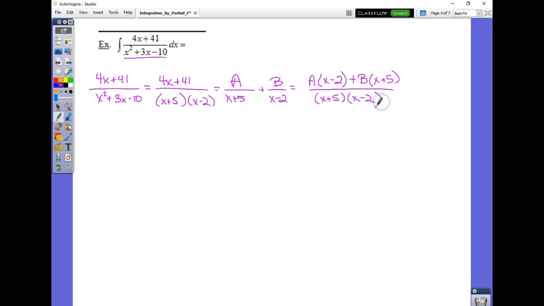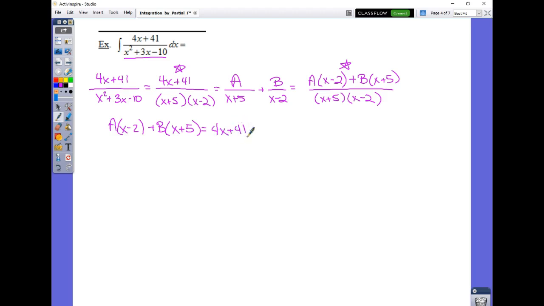If you notice, these terms have the same exact denominator. If the denominators are the same, that allows me to set A times x minus 2 plus B times x plus 5 equal to 4x plus 41. It's this relationship that we are always looking for in the problem.